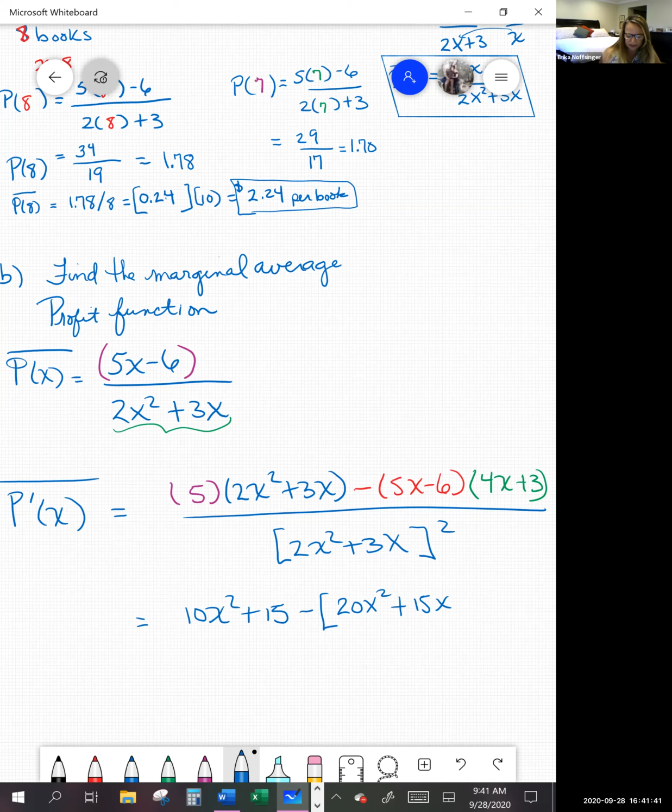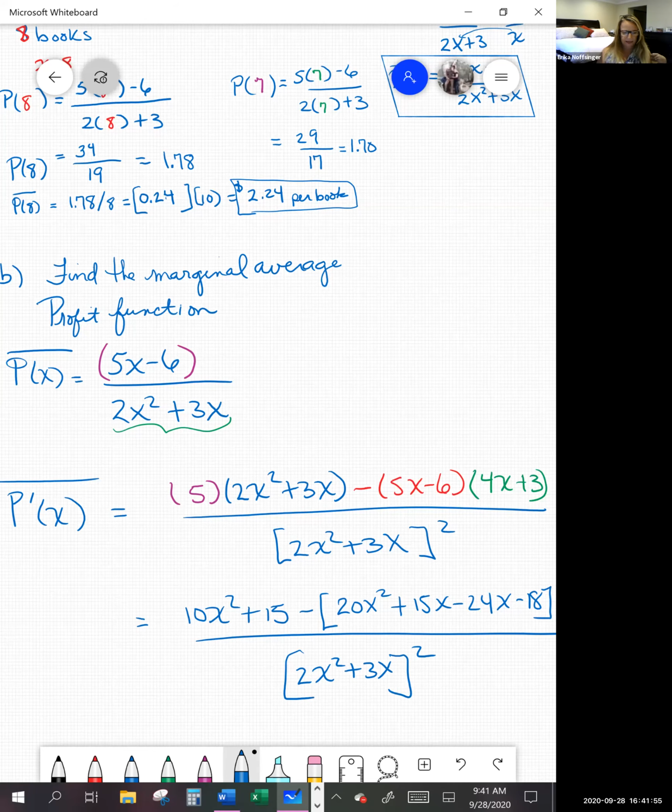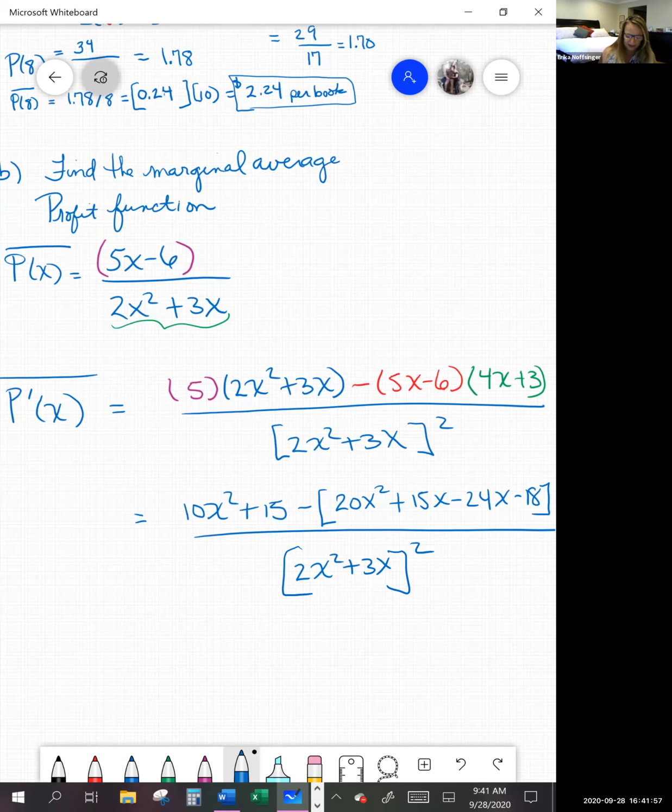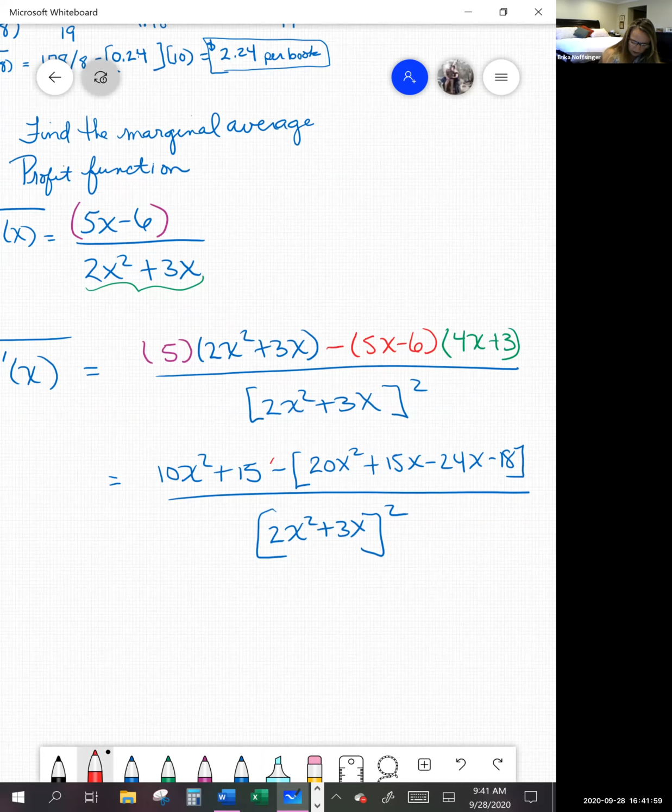Distribute the negative 6, I get negative 24x minus 18. All over the denominator, quantity squared. So we need to distribute that negative. Basically it's going to change every single sign inside that bracket.